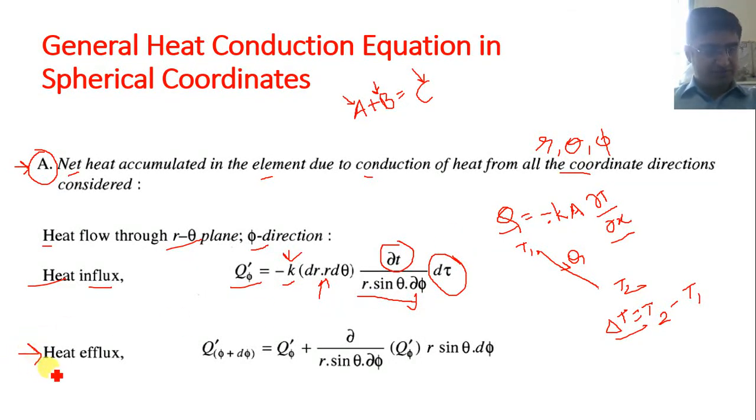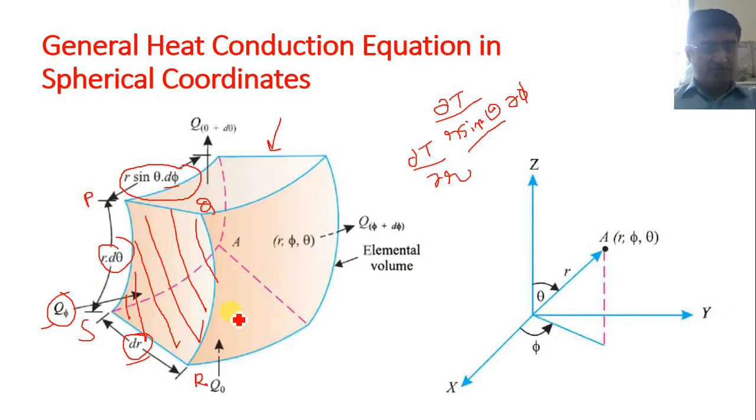Now some amount of heat which is coming out from the element is written as q phi plus d phi, which is equal to the amount of heat which is entering. First of all, the amount of heat which is coming out from this surface, UVWX.